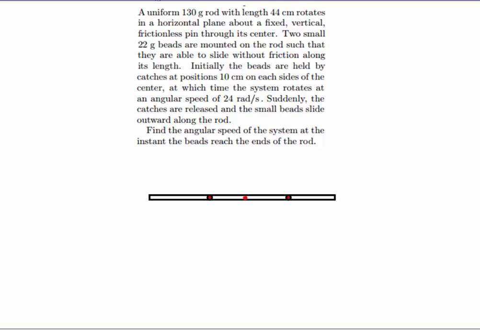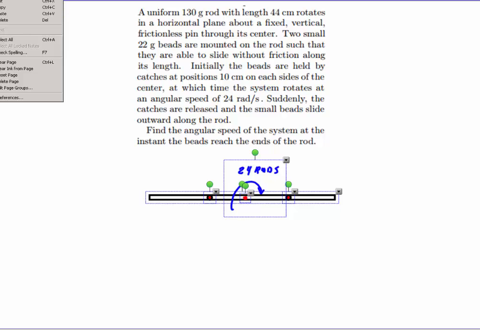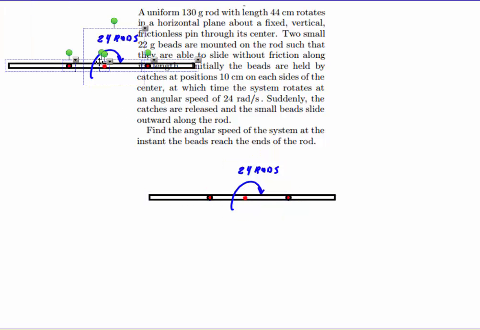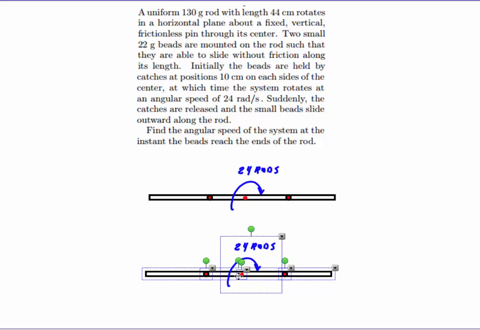And then it's spinning like this. Again, I'm going to let you guys work it. It's spinning, I don't care which direction you want to go, just be consistent. So it's spinning at 24 radians per second. Now, what's going to happen final? These beads have slid all the way out to here.